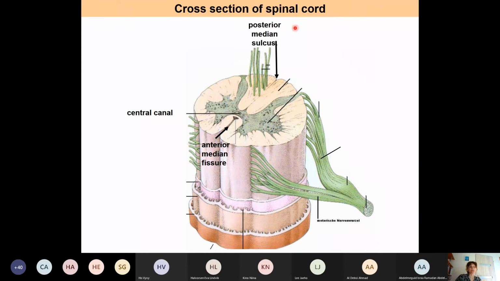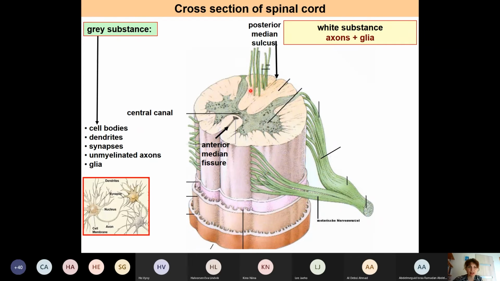But now let's go further, and in this picture you can see the cross-section of the spinal cord, and you can see that we have an outer part, and this outer part is the white substance. In the white substance we always have the axons of neurons and also glial tissue.